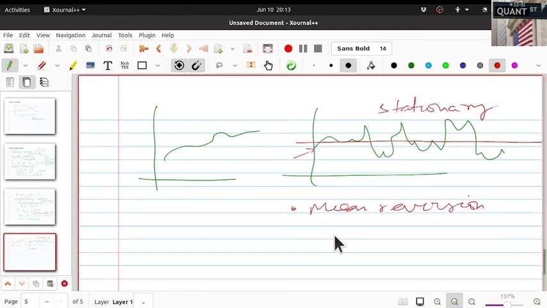There are lots of pair trading models that use this phenomenon to look at statistical arbitrage and find alpha opportunities.